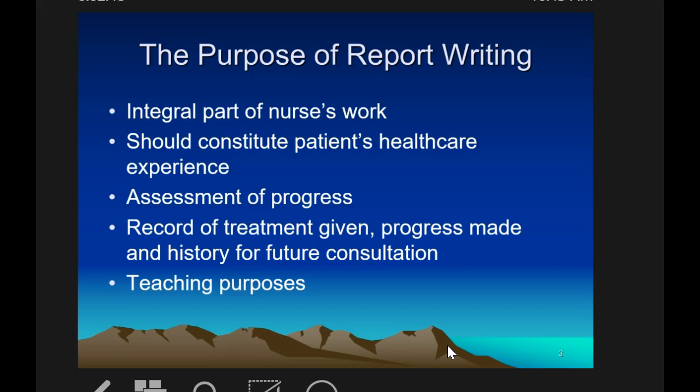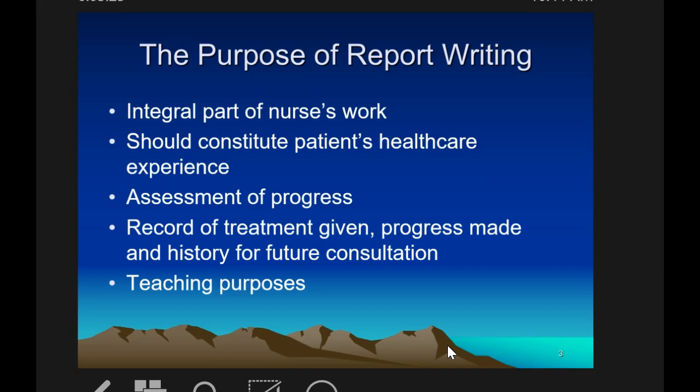So it's broad ranging. The patient's records, particularly the written reports by health personnel that are incorporated into the record, what do they actually do? Well, they constitute an ongoing account of the patient's experience whilst they're at hospital. So it's like a transaction. From the moment you enter and you're admitted to the moment that you're discharged, your healthcare record is a picture of your whole experience.